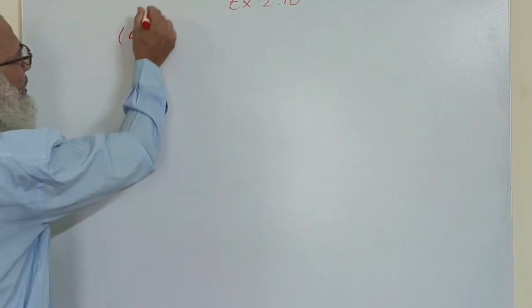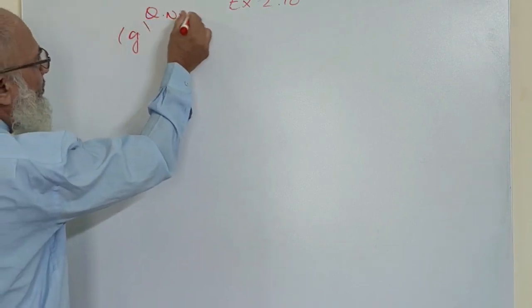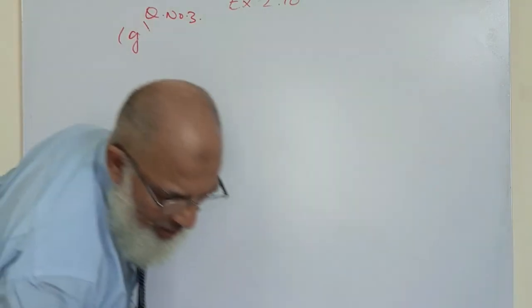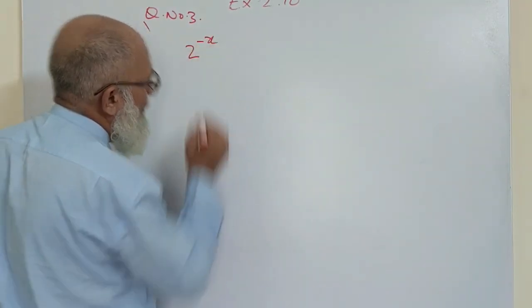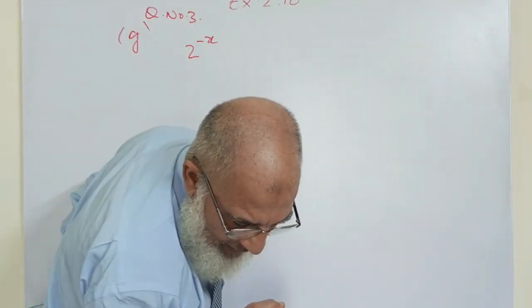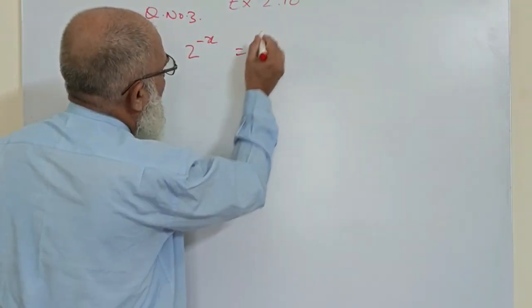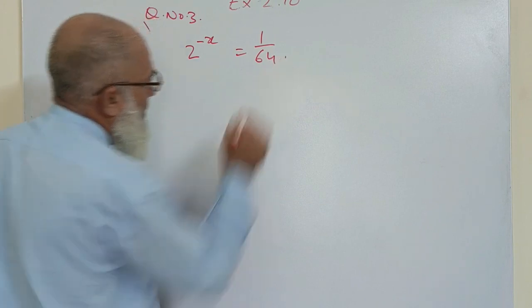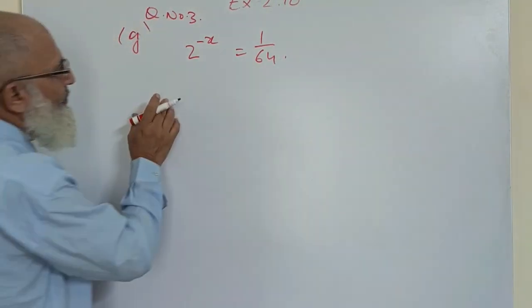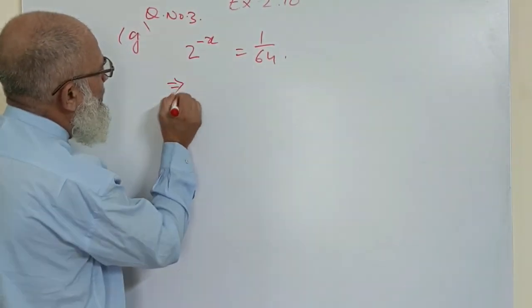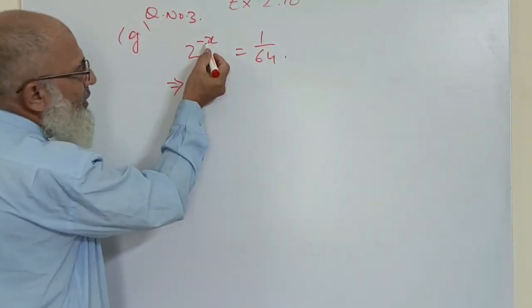Part G, question number 3. Because time is running short and I have to finish the exercise. Minus 2x, 2 minus x is equal to, let's proceed. Now this is minus.